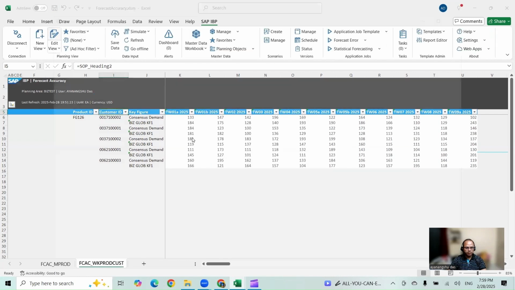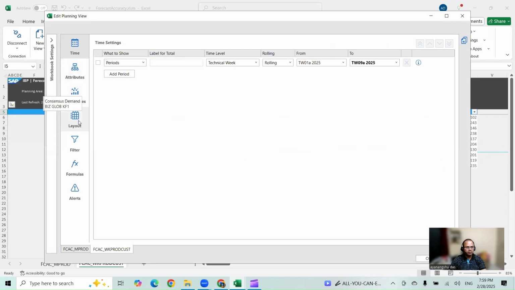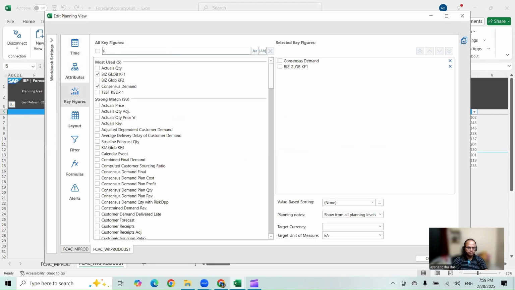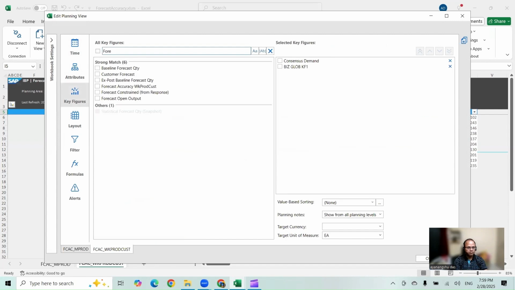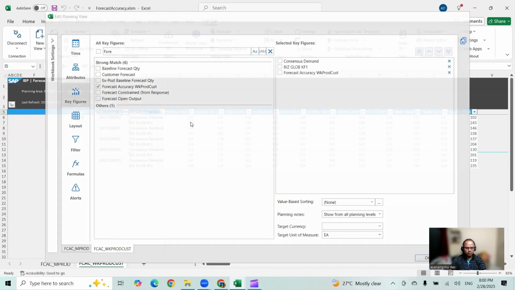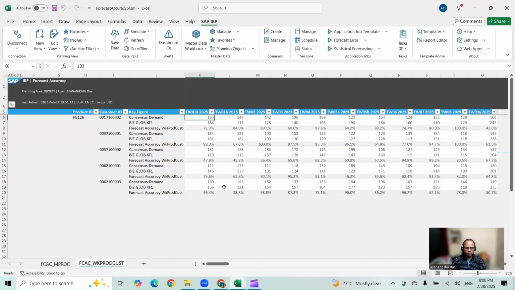So now we'll bring the key figure that we have calculated as forecast accuracy. We'll see and we will verify if the calculated accuracy is correct.